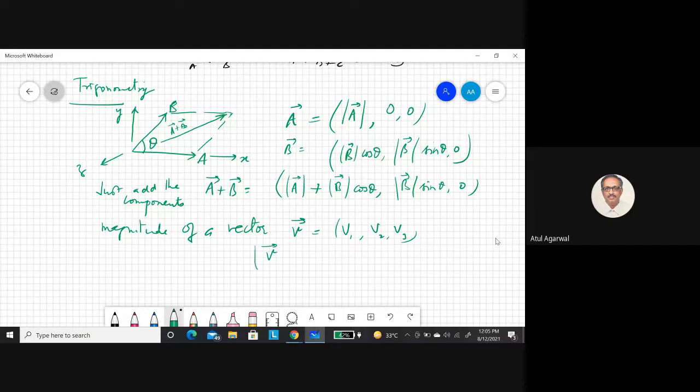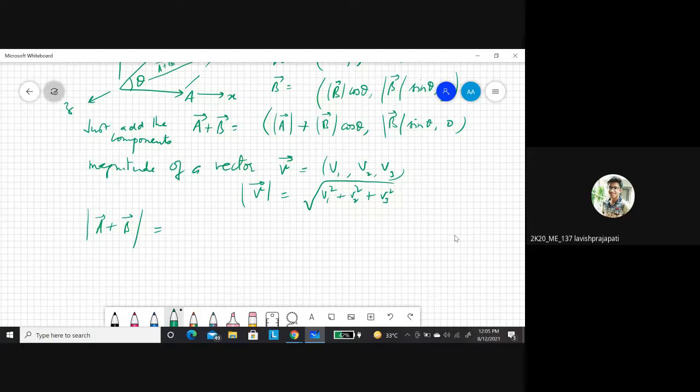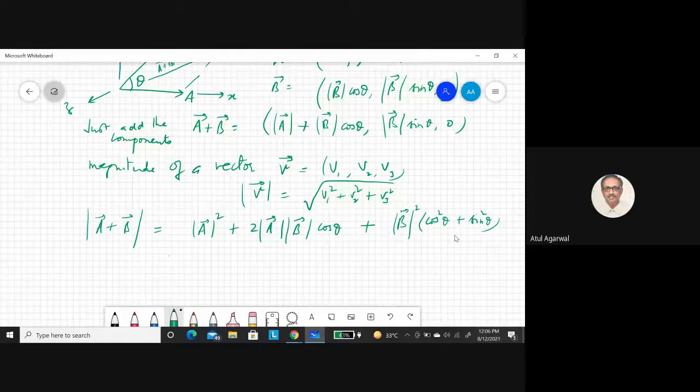You can take the square of all components and then take the root. So its magnitude is given by the square root of that. So this will give the square root of mod a squared plus mod b squared plus 2ab cos theta. So you have already seen this formula.